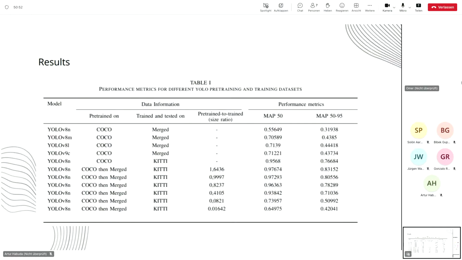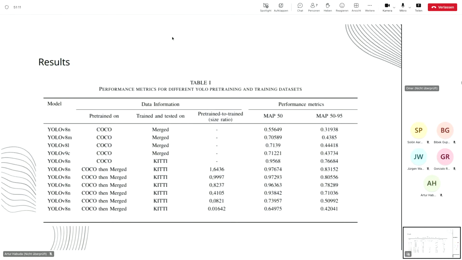And then we tried transfer learning using the KITTI data set for one reason. We have a model that worked fine in adverse weather conditions, and we wanted to see if this could also improve the performance in normal weather conditions.